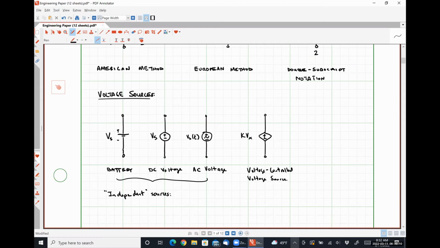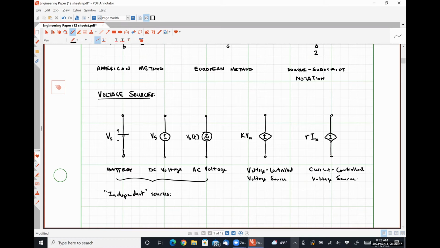Our last potential voltage source that we'll see has the exact same symbol, but it's going to be described by R times IX. This is what's known as a current controlled voltage source.